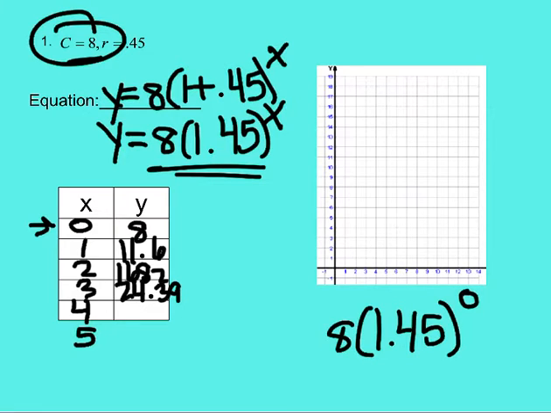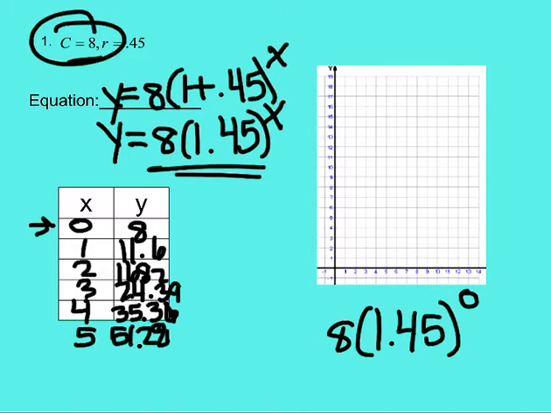And then 8 times 1.45 to the fourth, and I get 35.36. And then for the fifth, I get 51.28.